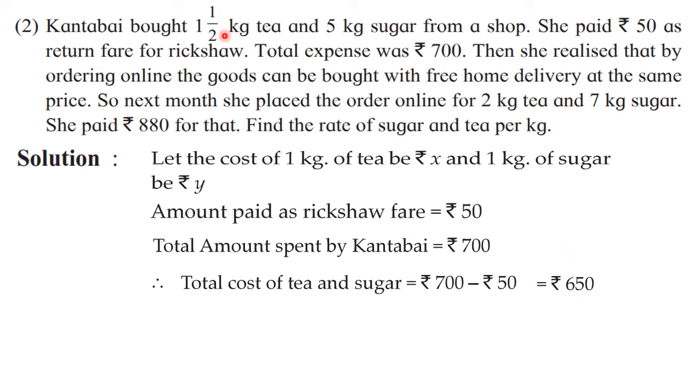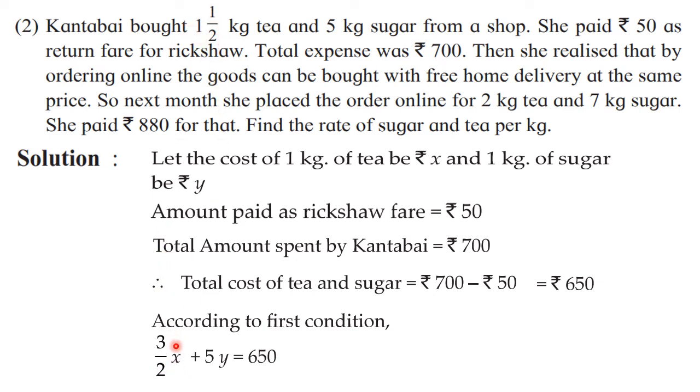That means the cost of 1.5 kg tea and 5 kg sugar is 650, not 700. Got it? So now from the first condition we can write 3 upon 2x plus 5y is equal to 650.